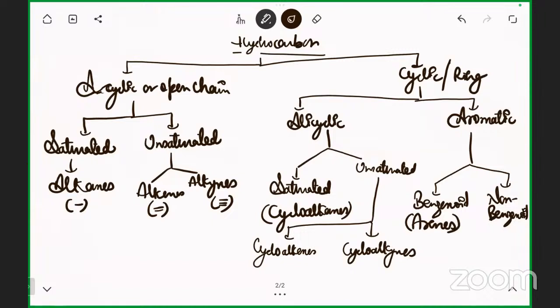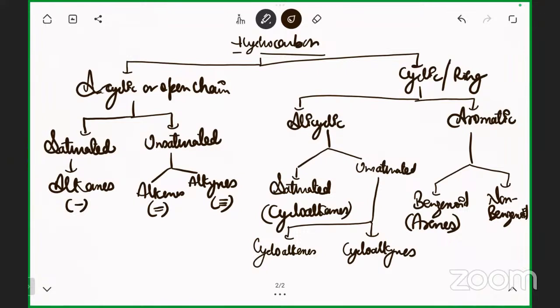So I think most of the terms are clear because we have learned them in the last chapter, organic one. If I say acyclic or open chain, I'm talking about the straight chain. Saturated, unsaturated: alkanes mean single bonded compounds, alkenes double bonded, alkynes triple bonded. We have already discussed this in the last chapter. Cyclic or ring means those compounds which form a closed chain. They are again classified into alicyclic and aromatic.